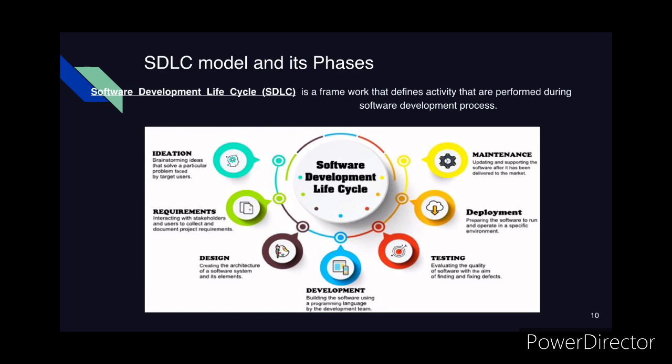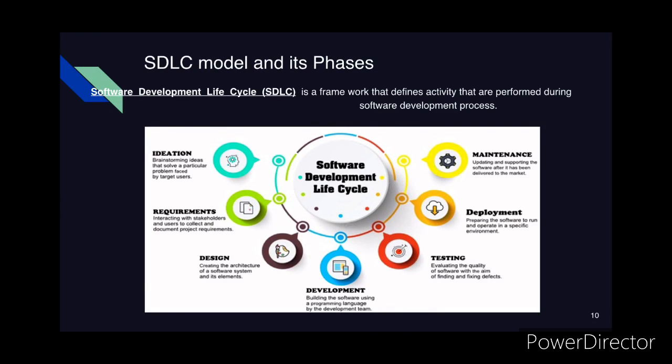So second is requirement. In this phase, communication with the customer is required to collect the requirements from the customer. They are provided in documents called business requirement specification, that is BRS, and system requirement specification, that is SRS.